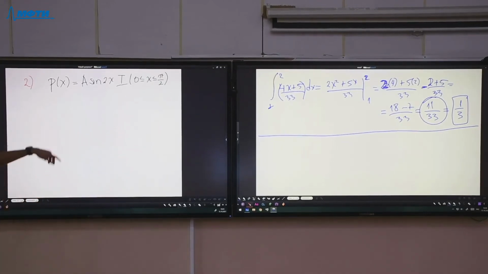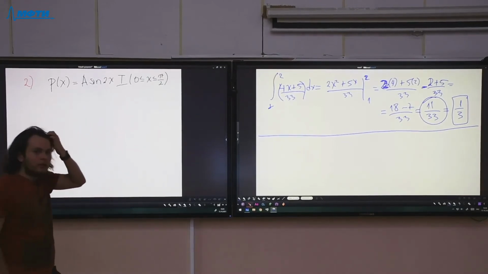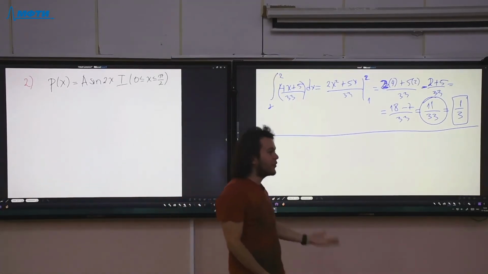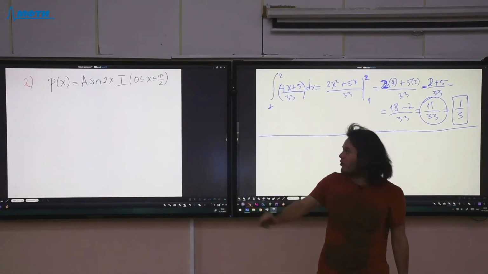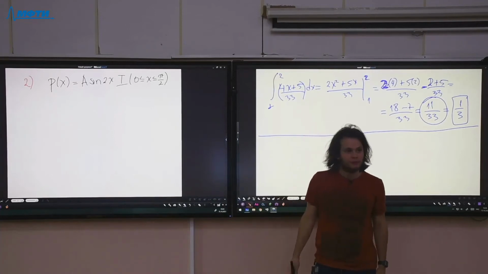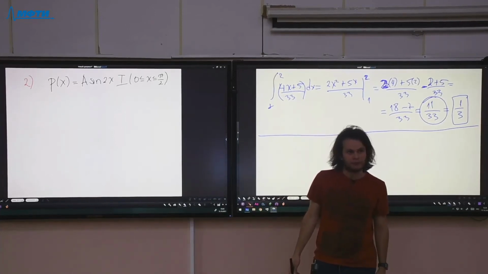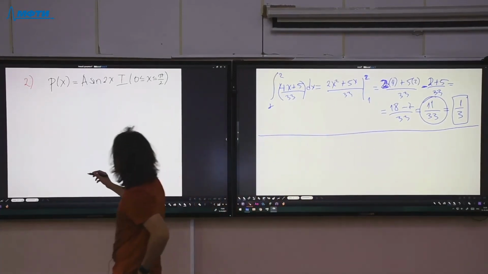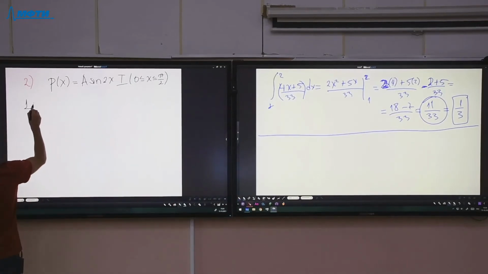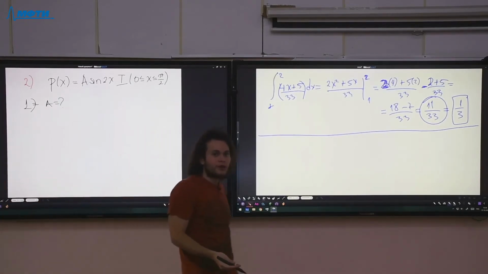So this is the PDF, and now we have to find the CDF. But before finding the CDF, we have to find the value of a. So what is a? a is some number, of course. Which one?